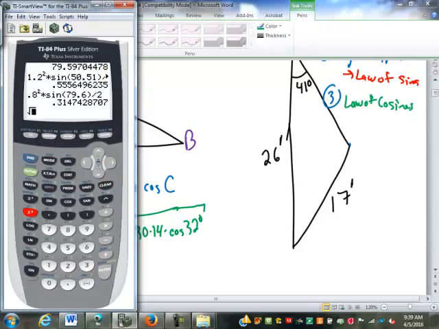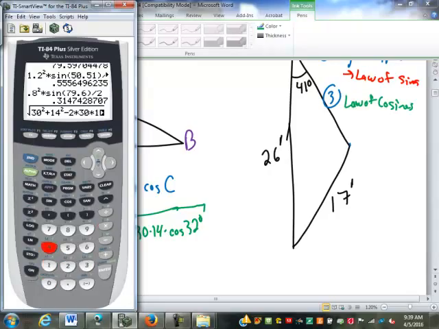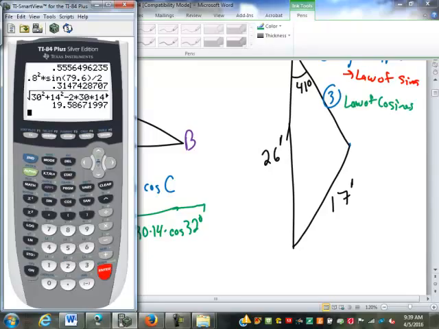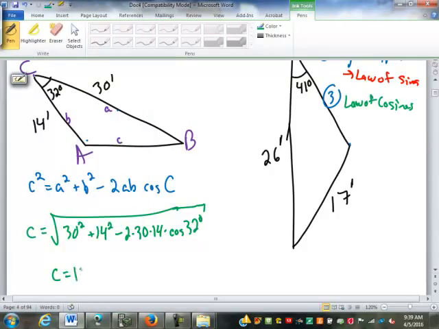Second square root, 30 squared plus 14 squared minus 2 times 30 times 14 times the cosine of 32. We get 19.59 feet. Anybody already have that?